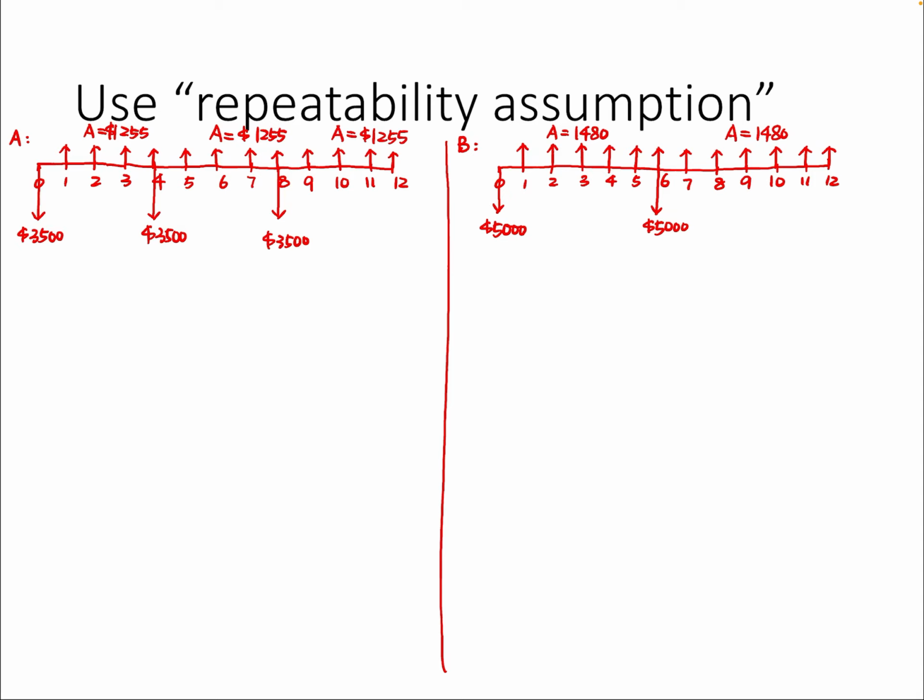Okay, so to convert the cash flows for A to present worth, you want to have the present worth A. It consists of several parts. PW1 is from the first 3,500 at time 0.